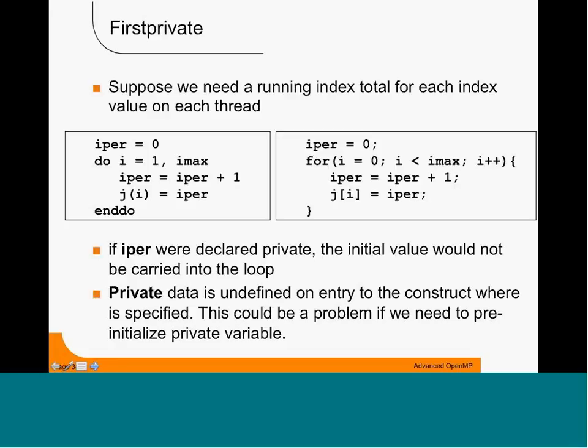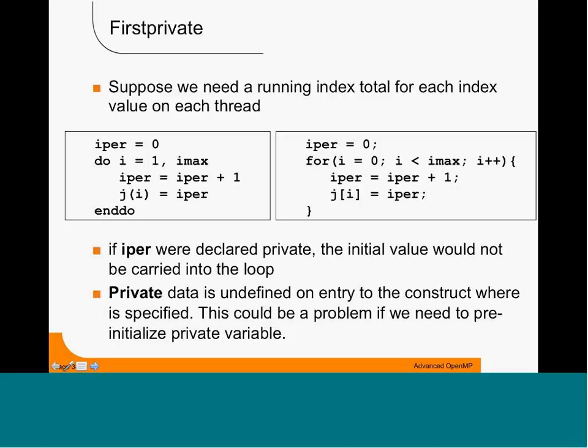But unfortunately, if i is declared private, the initial value would not carry over. In case the variable is private, I cannot have value 0 in the loop.